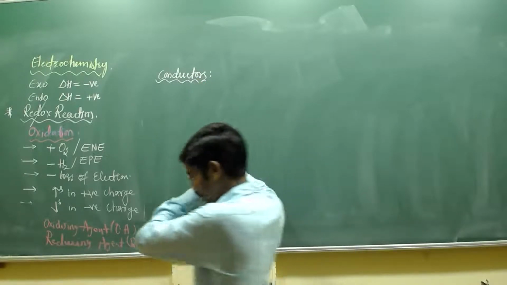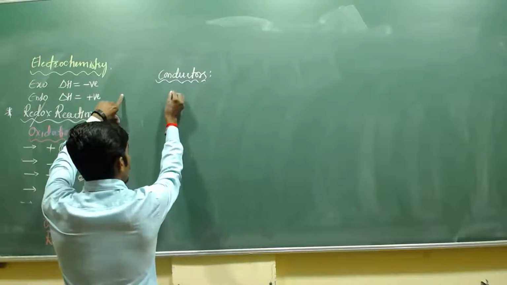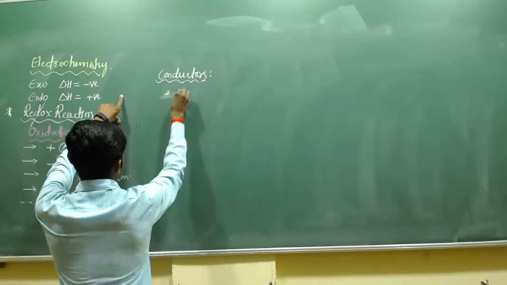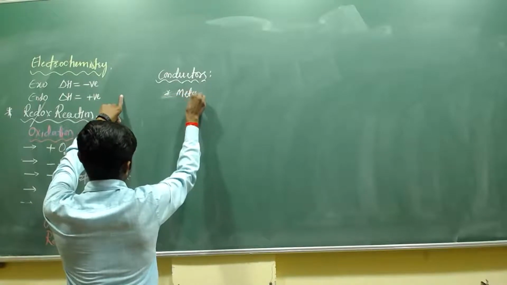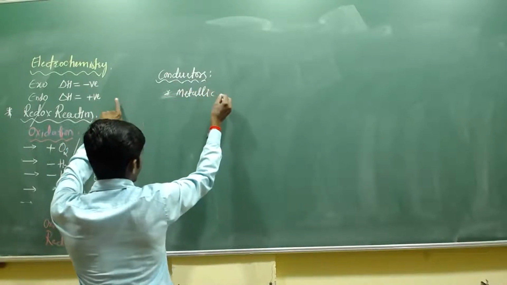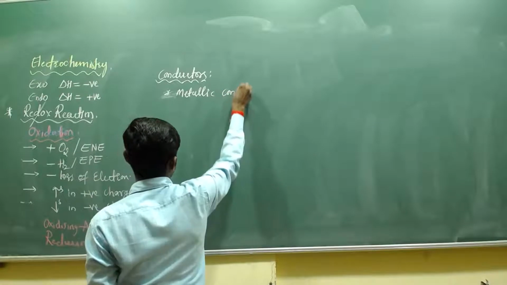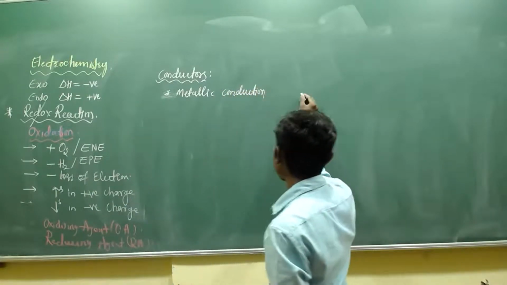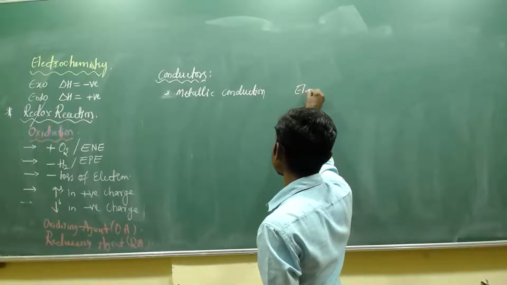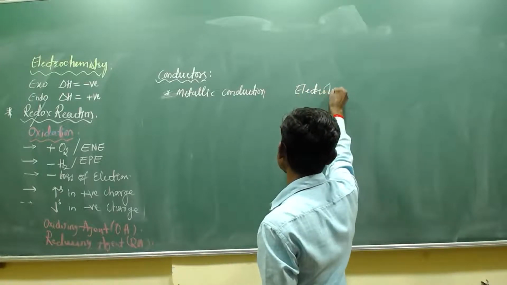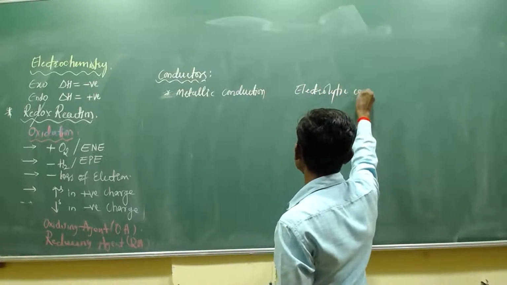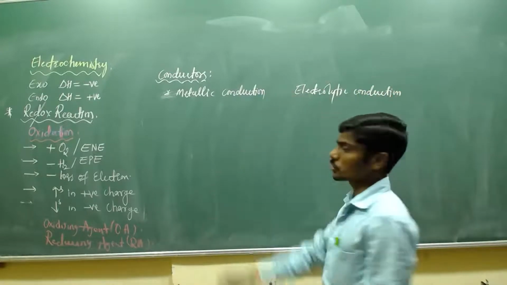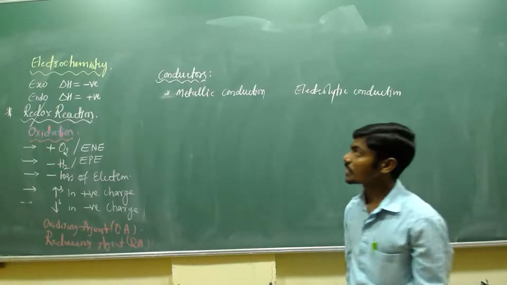It is of two types: electrolytic conductors and metallic conductors. Metallic conduction and electrolytic conduction. Two types of conduction.